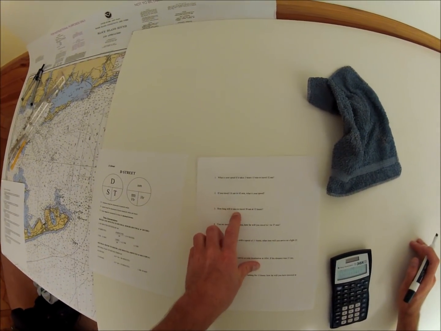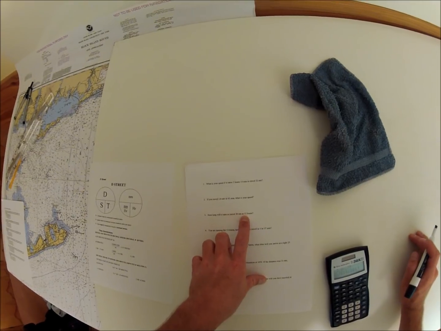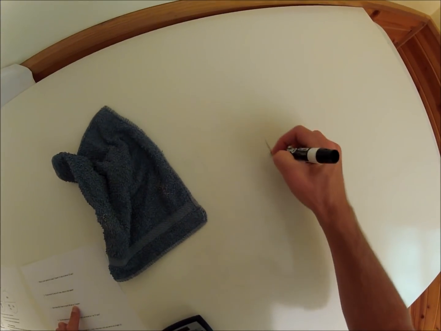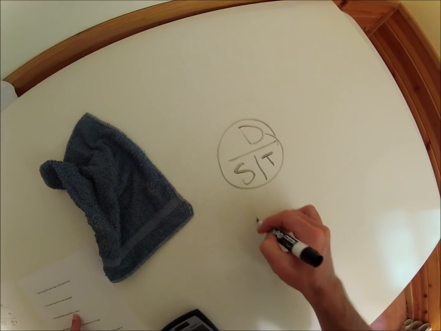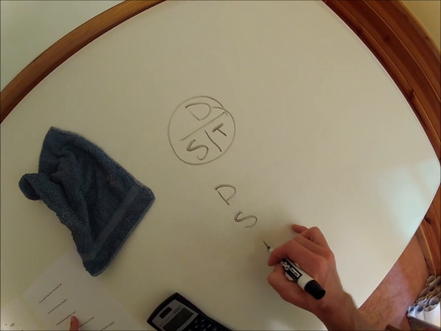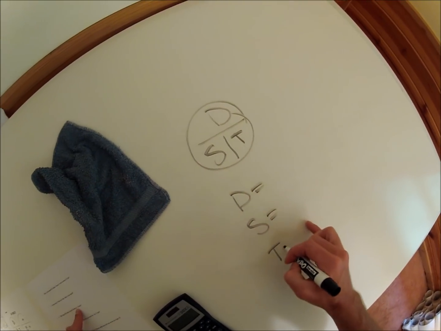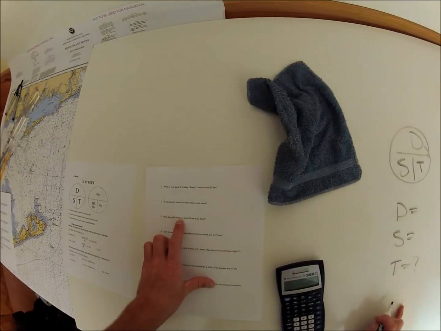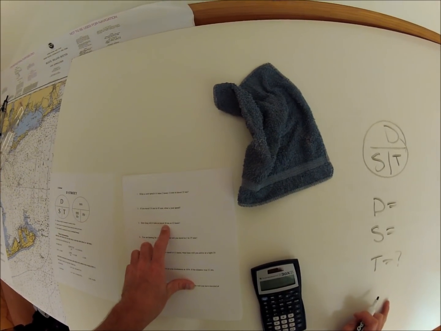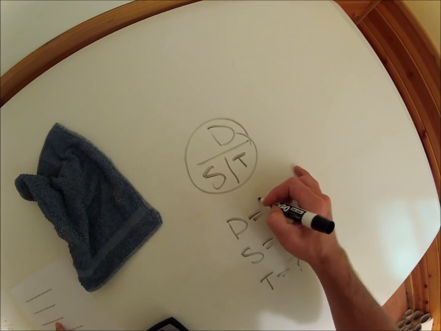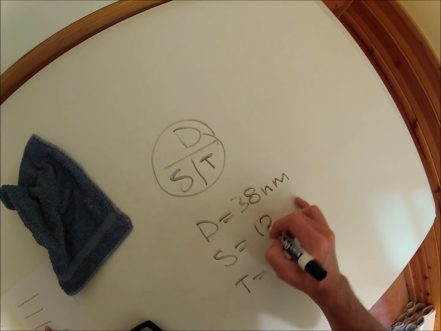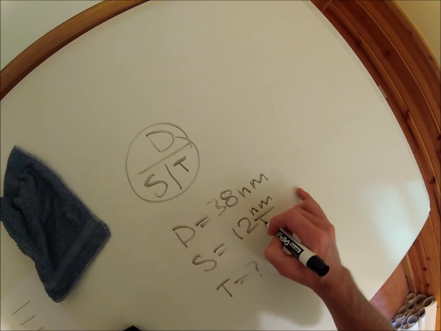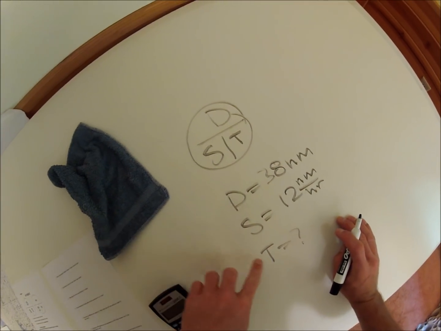Three, how long will it take to travel 38 nautical miles at 12 knots? Okay, let's see this. Distance, speed, time. It wants to know how long will it take. Travel 38 nautical miles at 12 knots, 12 nautical miles per hour. So it wants to know time.